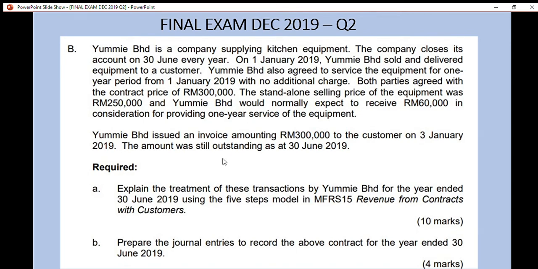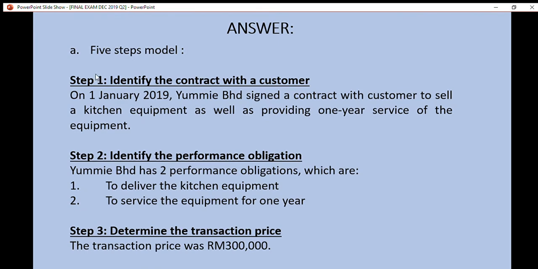So you can write, for step 1, on 1st January 2019, Yummy Berhad signed a contract with a customer to sell kitchen equipment as well as provide 1 year service of the equipment. So that is for step 1.